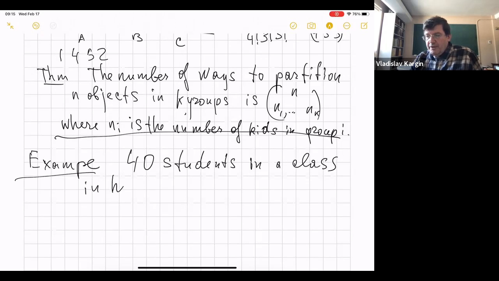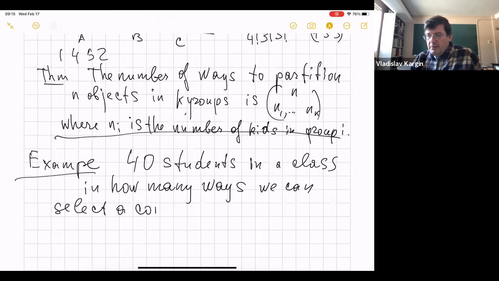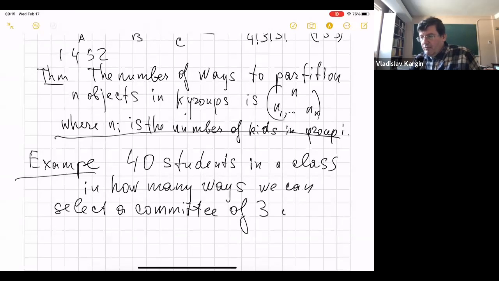In how many ways can we select a committee of 3 of them?